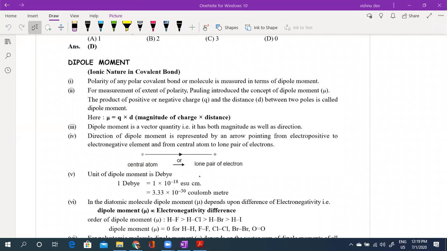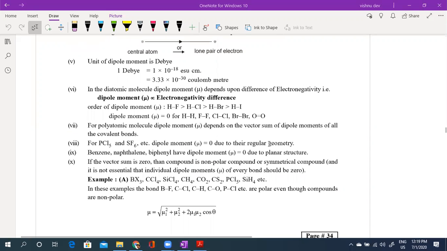So as I said, the dipole moment or polarity is because of electronegativity difference. If the electronegativity difference is more, then polarity will be more and dipole moment will be more. This is one and the most important factor which affects dipole moment.